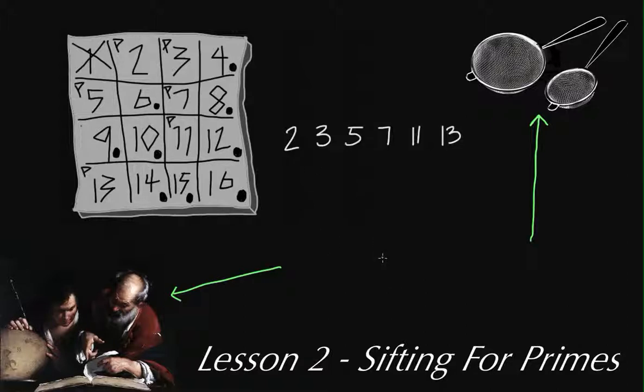Now the other thing I wanted to show you was twin primes. Twin primes are simply 2 prime numbers that only have 1 number between them. So 2 and 3 don't have a number between them.